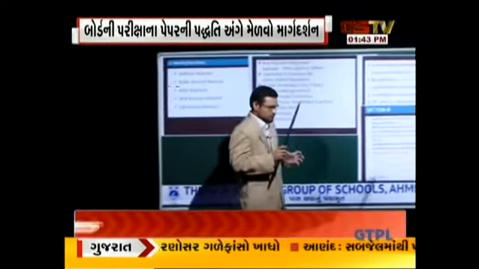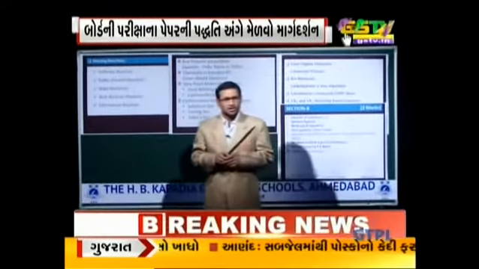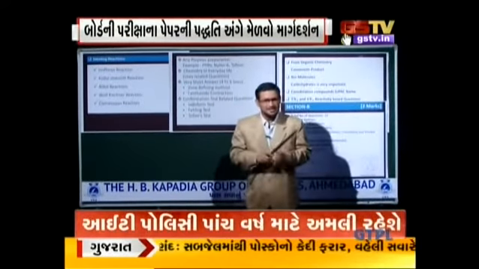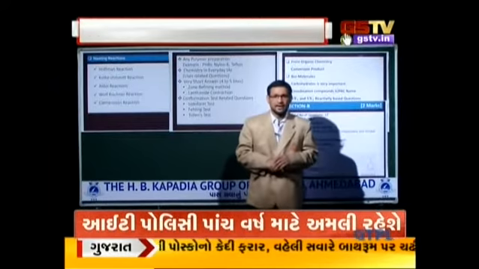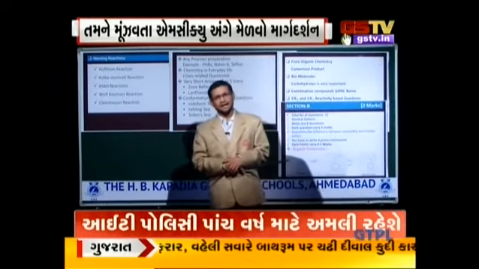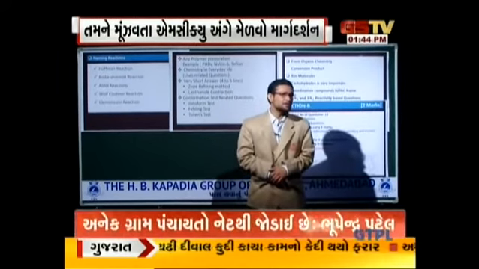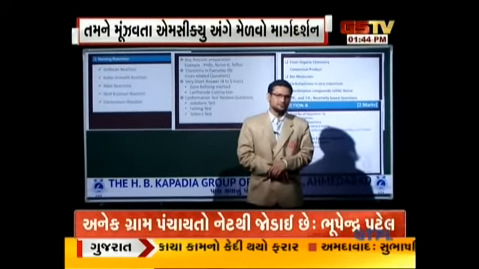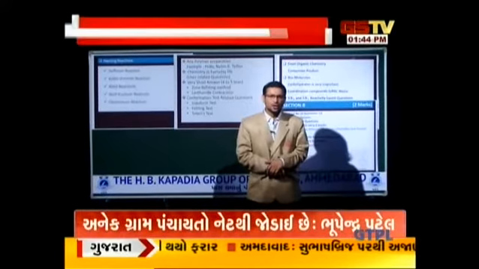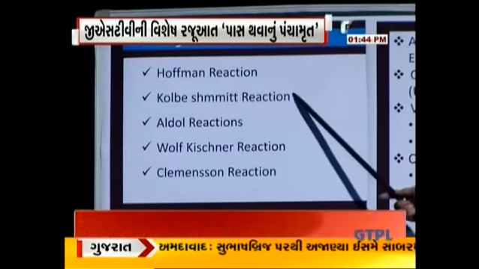To learn the naming reactions, you have to complete the exercise of chapter number 10, haloalkanes and haloarenes, and also complete the exercise of chapter number 13, amines, which is very useful for naming reactions.